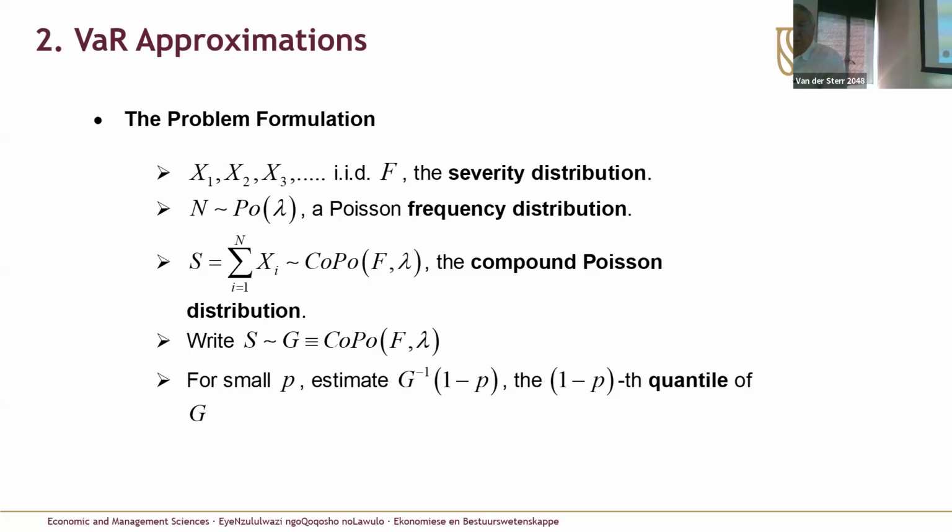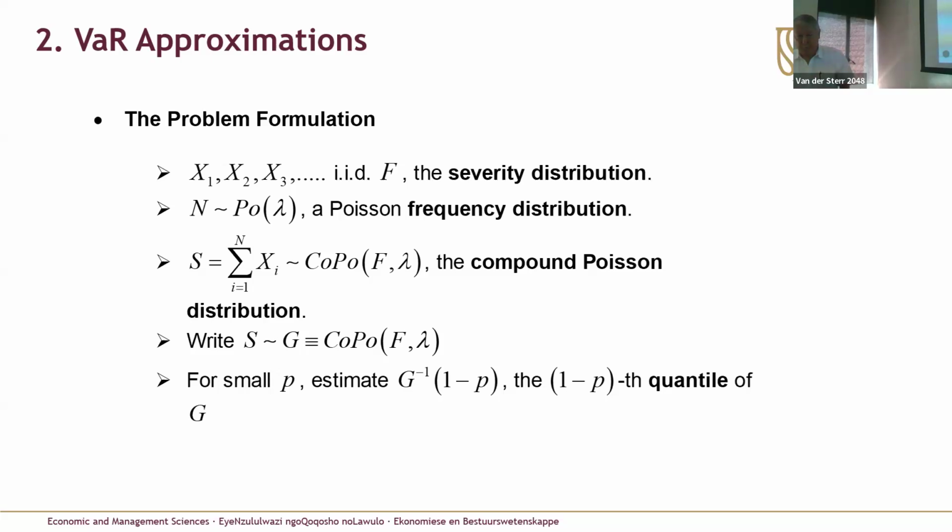So if we call that S and its distribution G, then G is compound Poisson with the two parameters F and lambda. And what we're interested in is this high quantile of G, in other words, G inverse at 1 minus p for p small. In particular, we talk about 0.999 for 1 minus p, or p 0.001. That's a very high quantile.